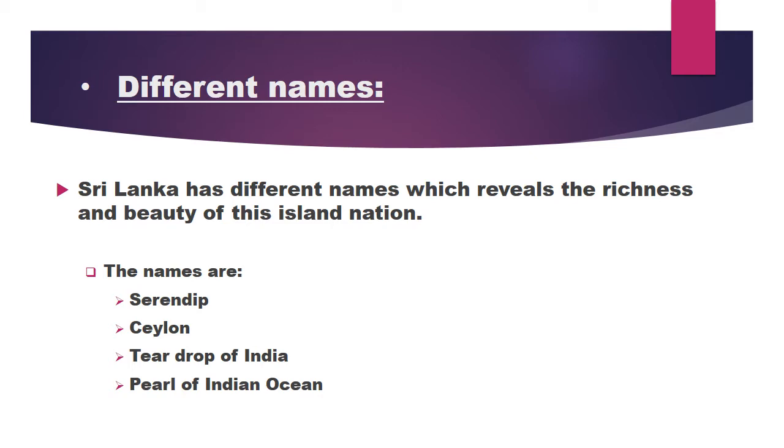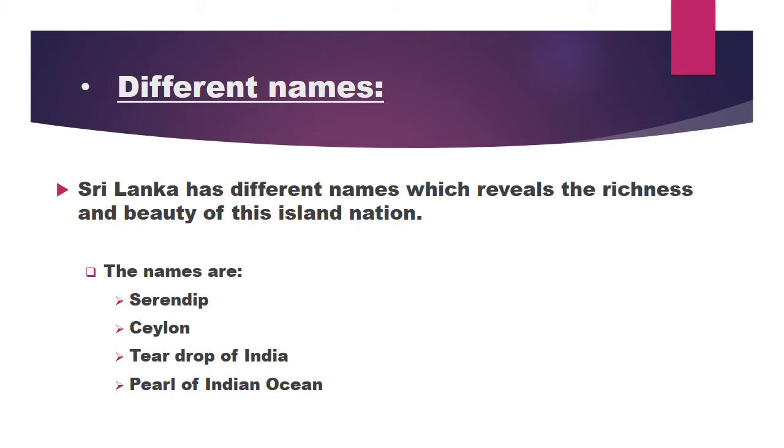Sri Lanka is a very beautiful country of the Indian Ocean. It has different names, some of which also reveal the richness and beauty of this island nation. What are the names? The names are Sirindip, Ceylon, Teardrop of India, Pearl of Indian Ocean, etc. So why are these names there?